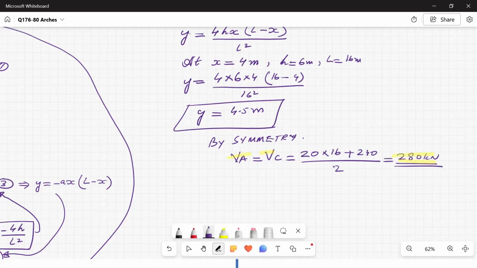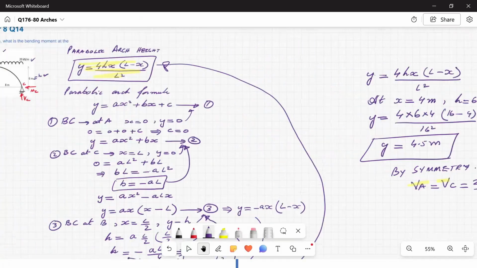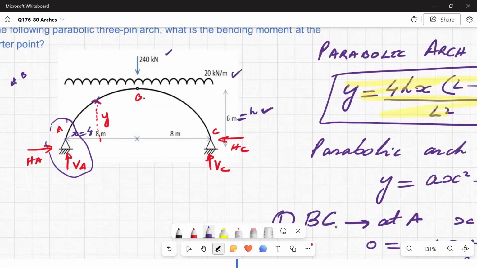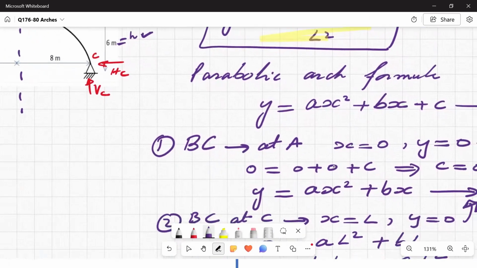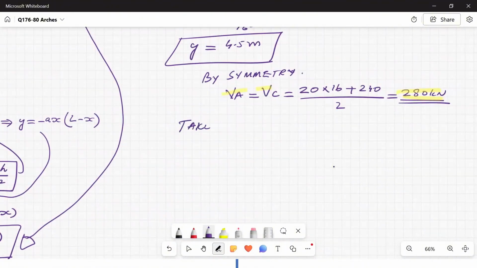Then I will find out moment at B, and here I want to draw this portion from left up to point B, and let us see how we can draw that. So take moment at B, which is our crown pin.